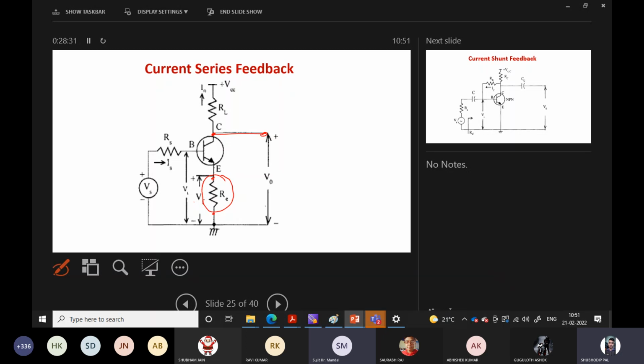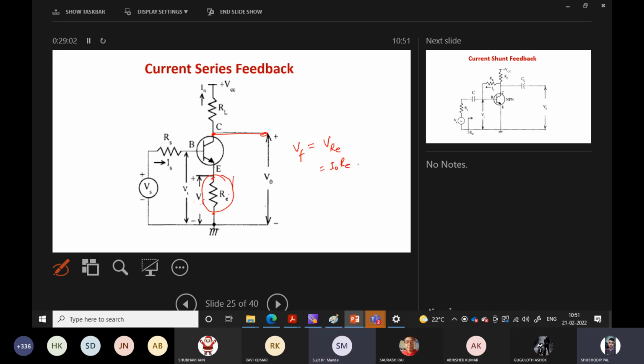Why? Look at this. The voltage drop across this emitter resistor RE is VF. This voltage appears across the emitter resistor RE. Now it is proportional to what? I0 RE. What is this I0?